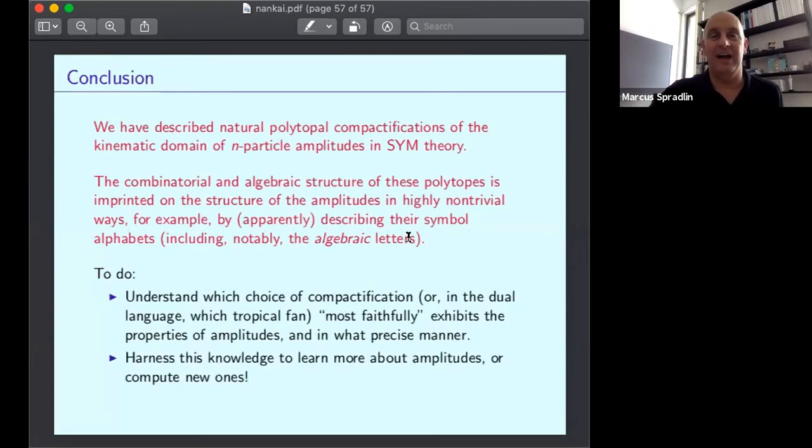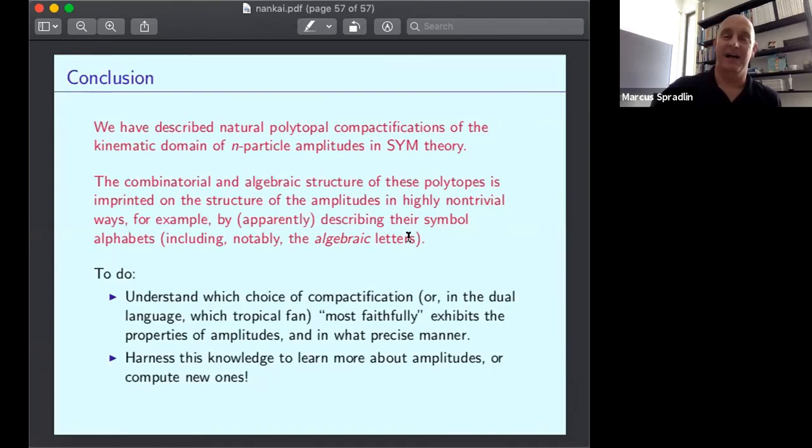So finally, to end with a to-do list, we should better understand the choice of compactification, like which is precisely the correct compactification to use for N=4 super-Yang-Mills theory, and how we harness this knowledge to learn more about amplitudes.